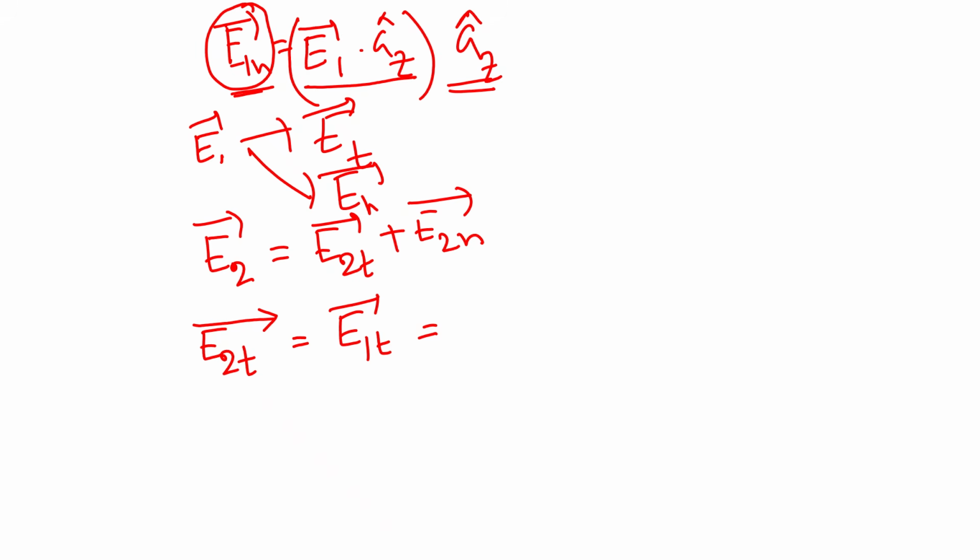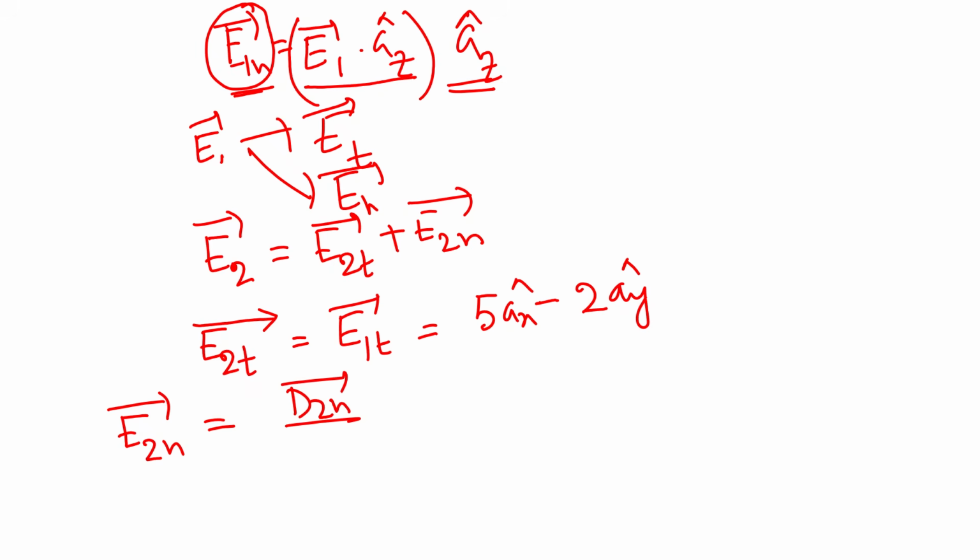So from that we can directly write that E2t will be my 5ax cap minus 2ay cap. Now the question is how to calculate E2n. To calculate E2n, the formula is E2n equals D2n divided by epsilon 2.